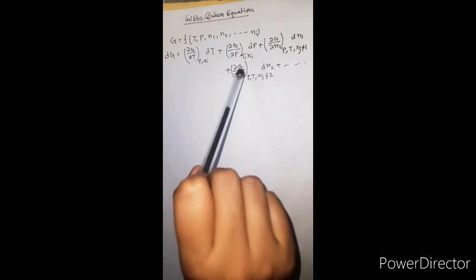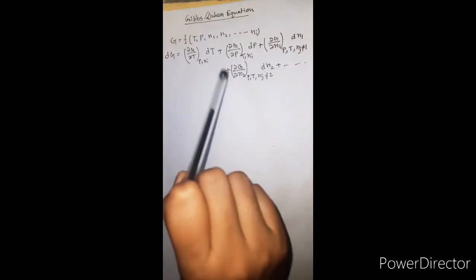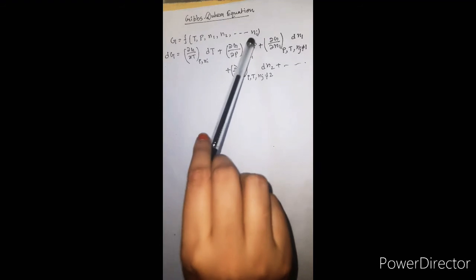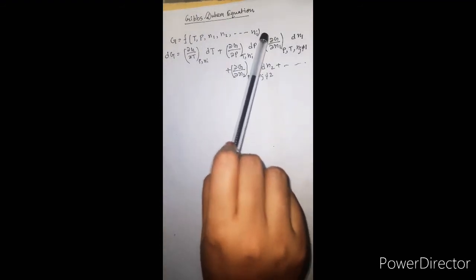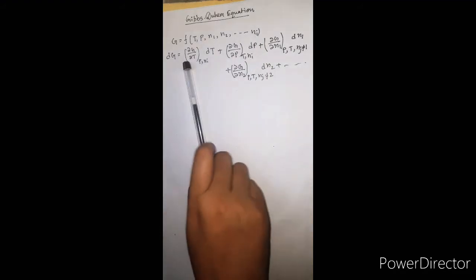First of all component 1, then component 2, and it will continue up to component i, as there are i number of species present in the system.